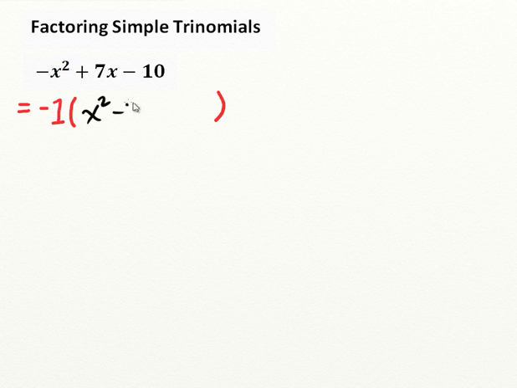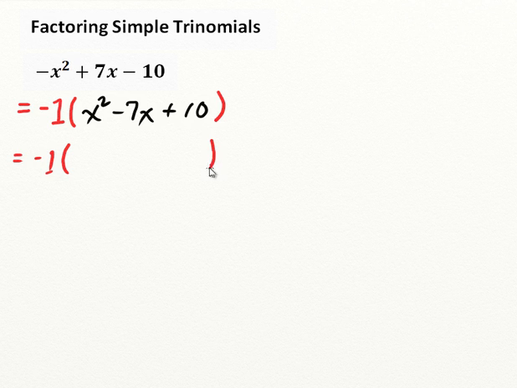But notice how the 7x turns into negative 7x, and the negative 10 or minus 10 turns into positive 10. Okay? So if you have a negative sign outside in front of a simple trinomial, you must common factor that negative sign out first. Then you can go ahead and factor the inside. So let's do that. I'll go ahead and I'll leave this negative 1 out in front.